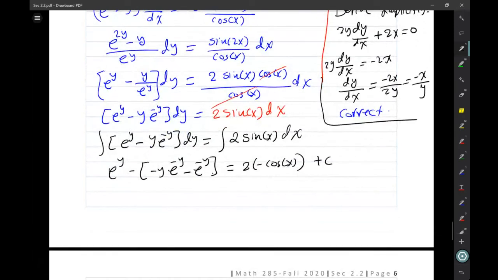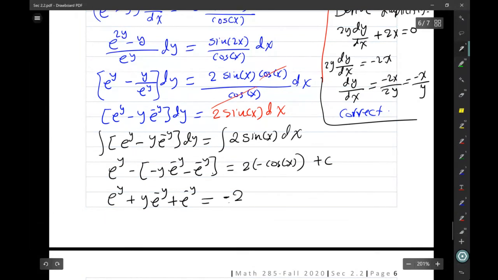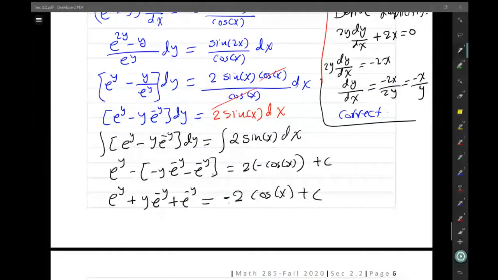We need more simplification here: e to the power y plus y e to the power minus y plus e to the power minus y equals minus 2 cosine x plus c. Who asked?